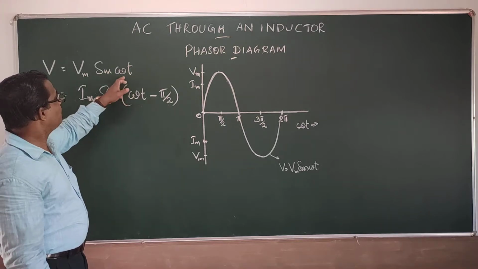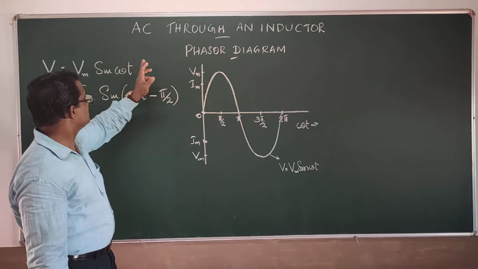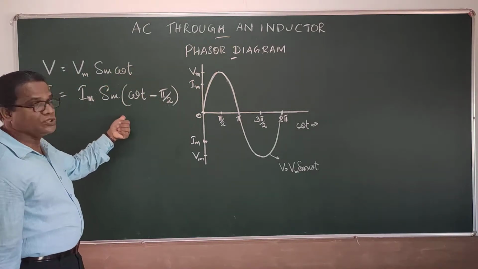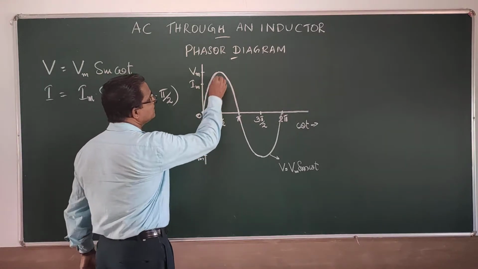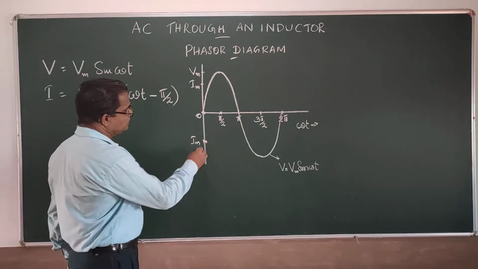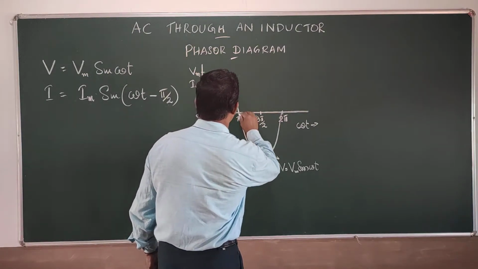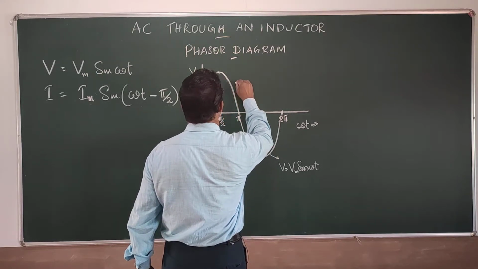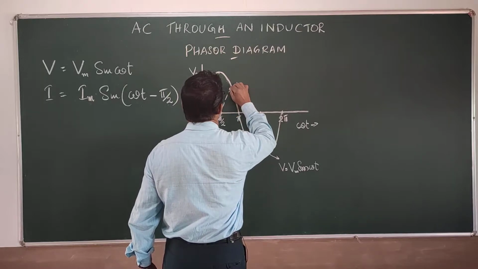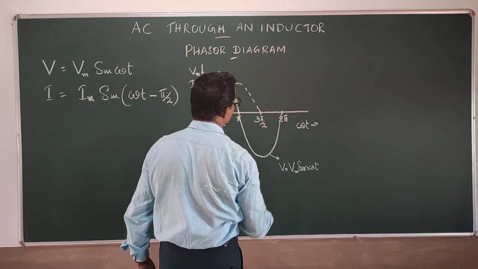One more point. When omega t equal to pi by 2, that is voltage is maximum, pi by 2 minus pi by 2 will come, so I equal to 0. That means when the voltage is maximum, the current will be 0. So the waveform for current will be like this. And when it is pi, it is found to be the maximum. And when it is 3 pi by 2, it is found to be 0.